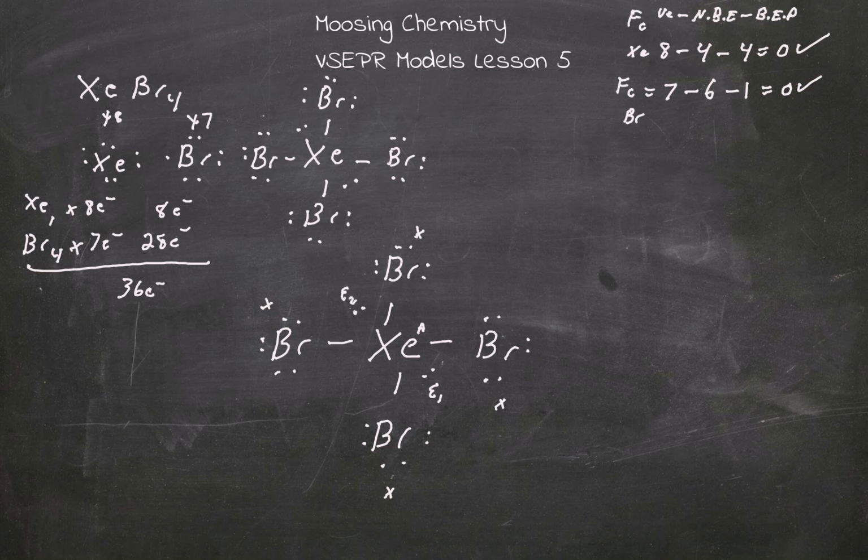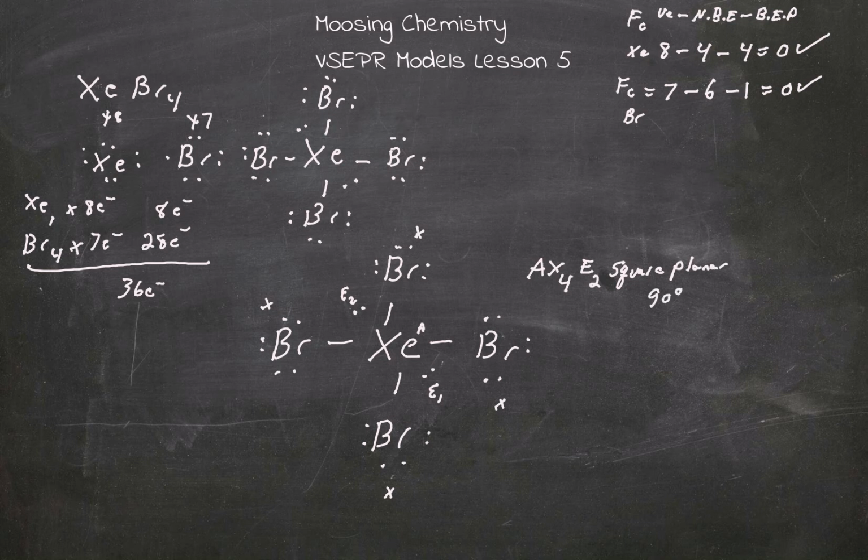So this would give me AX4E2. Now, AX4E2 is going to be square planar, and you don't really see a lot of these, and it has 90-degree angles.